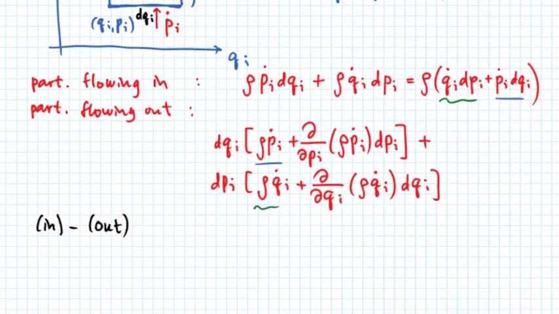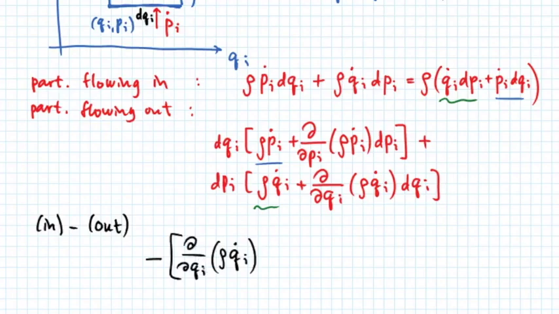So let's rewrite it. Just for one component so far, we're going to get, with a minus sign, the partial derivative of rho q_i dot with respect to coordinate q_i, plus the partial derivative of rho p_i dot with respect to the p_i component, right?